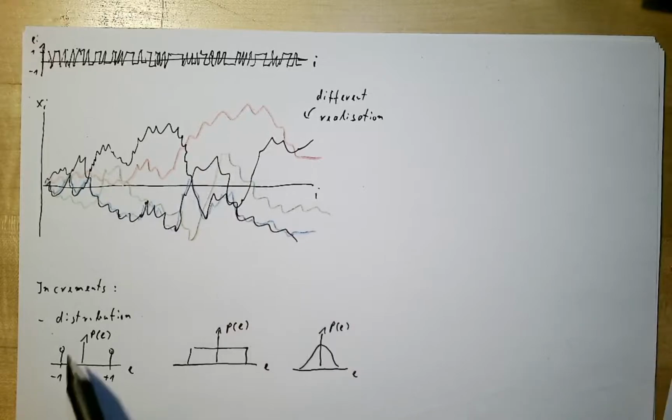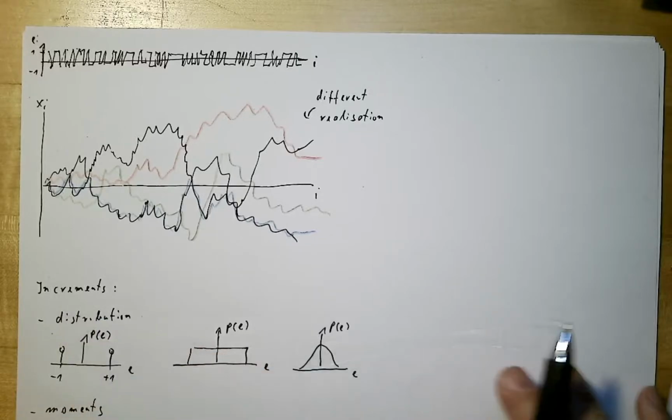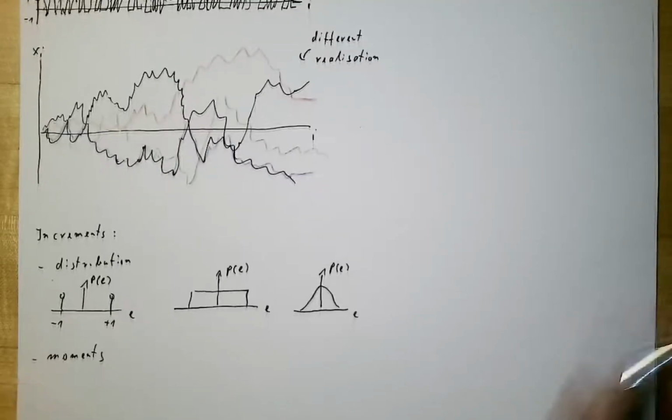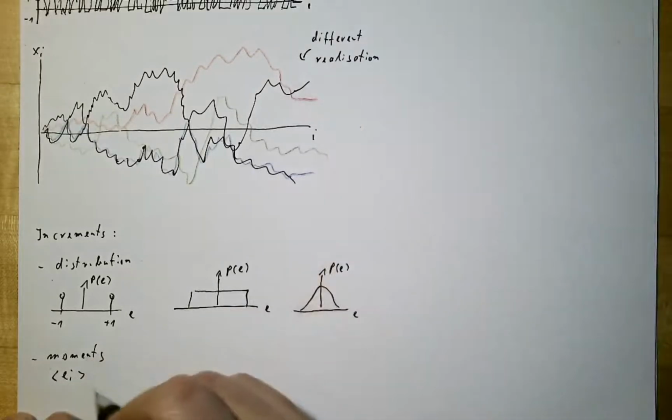But maybe we don't have the distribution. Maybe we have given the moments of the increment. So from the increments we don't have the distribution, but we know the moments. So maybe we know the mean value, which in this case is 0.